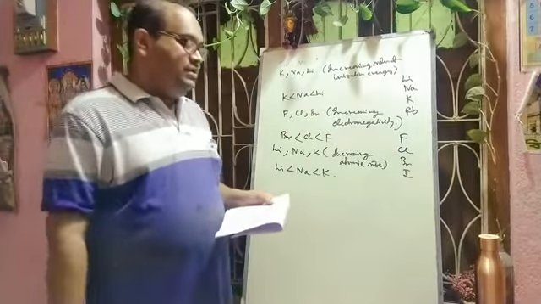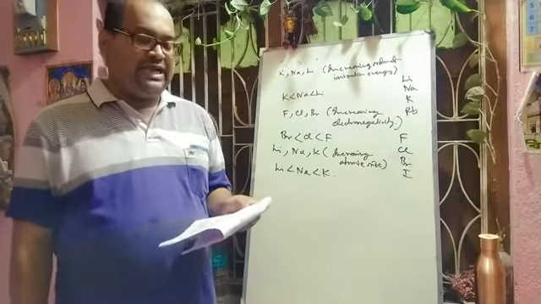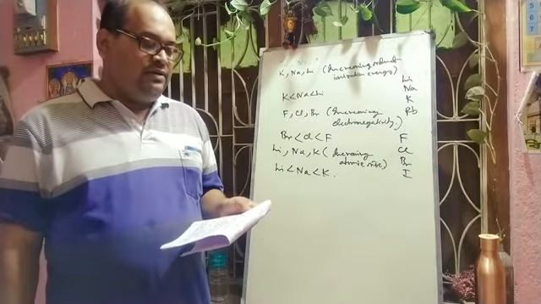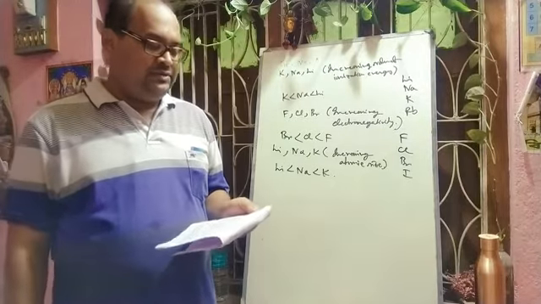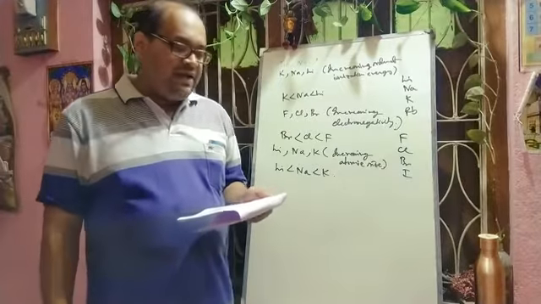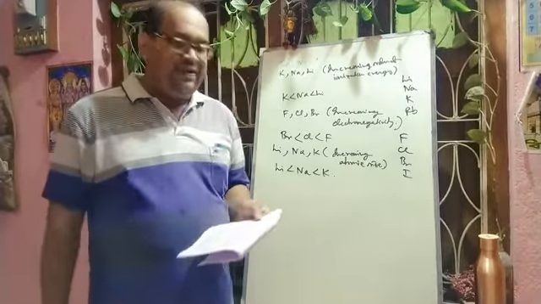Next question is why the second ionization energy is greater than the first ionization energy. This is due to the fact that after the removal of the first electron, the atom changes into a monovalent ion.